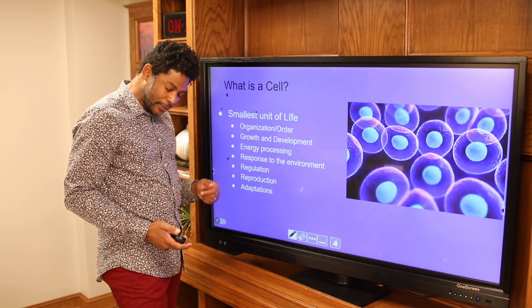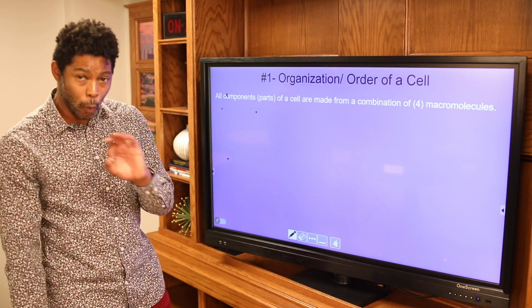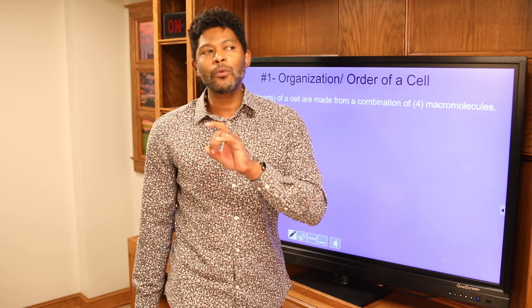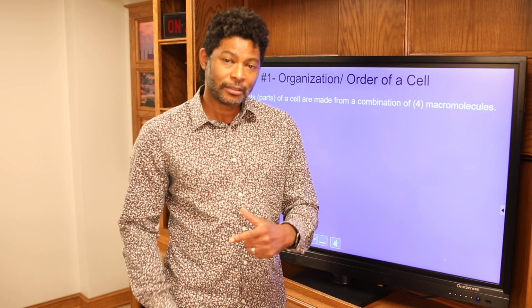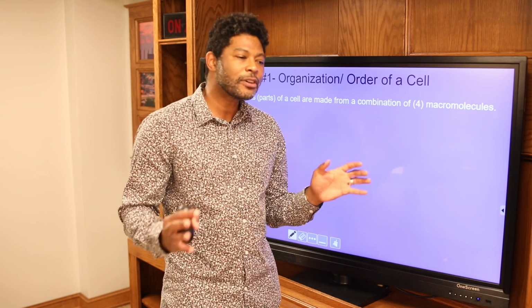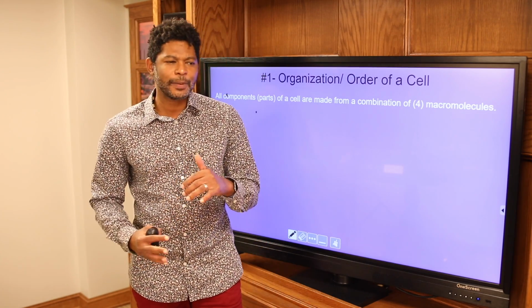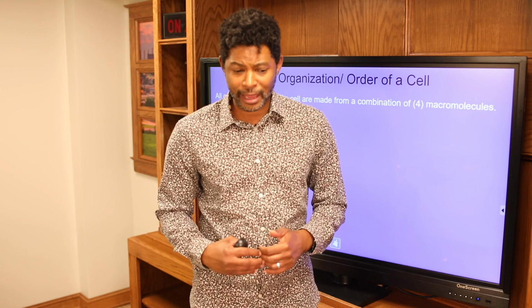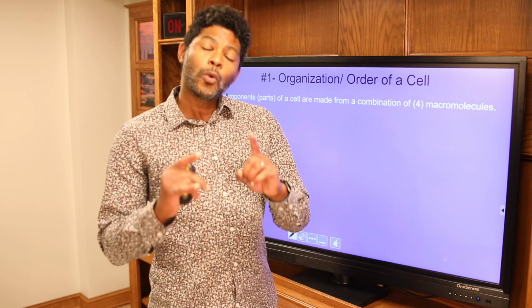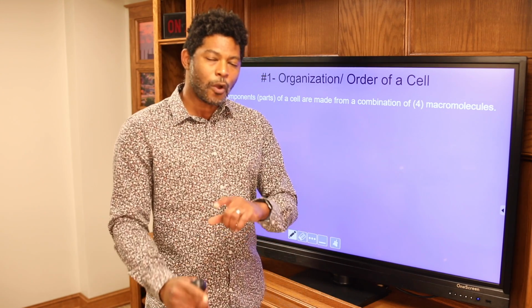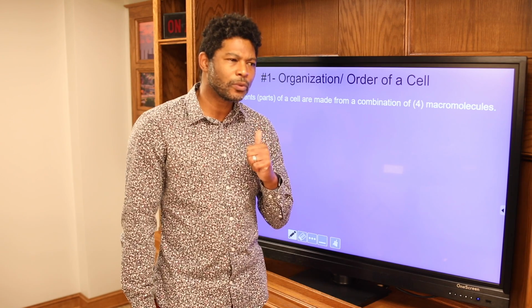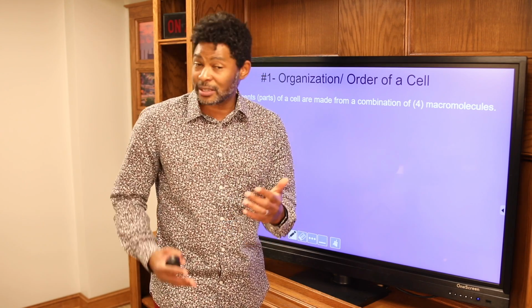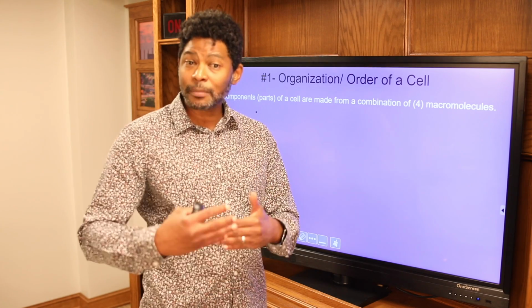All right? So let's start with the first one, organization. When we talked about organization previously, I just said to think of organization as being like rules to the game, or like how things happen. When we're talking about cells, organization really goes to, well, what atoms, since cells are matter, make up cells?